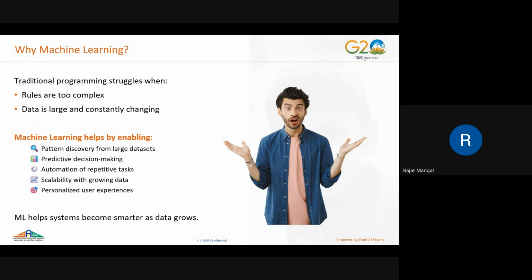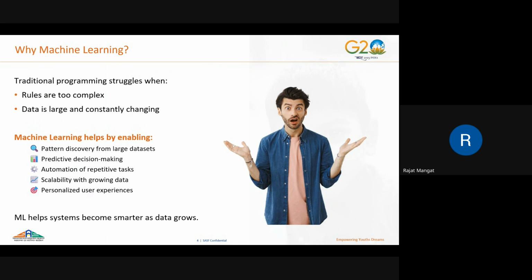So machine learning helps by enabling pattern discovery from large data sets and predictive decision making. When you need to discover patterns from a large data set, you need to use machine learning.